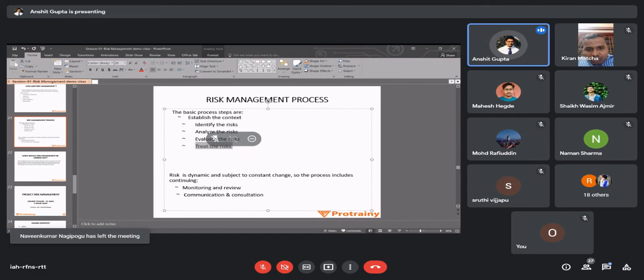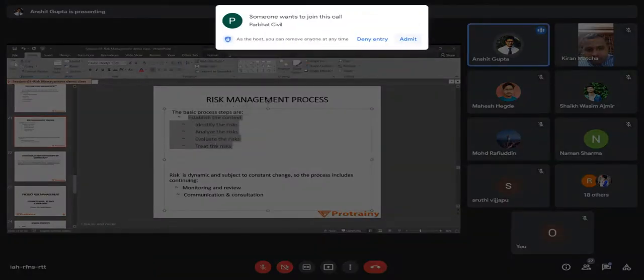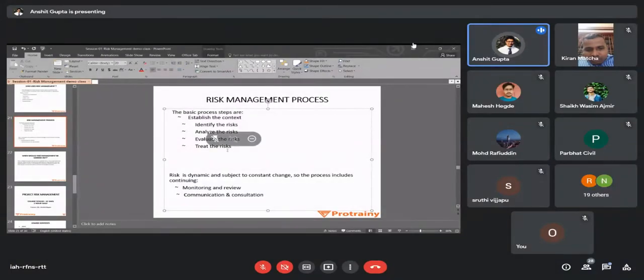There are 10-15 methods for every point which I have just told you, which will take another class to study in detail. That's why I'm not able to take these topics in detail, but these are the general methods of the risk management process. Then after all these things, monitoring and review and communication and consulting with your team is a continuous process which goes on. So these are the 7 processes of risk management.